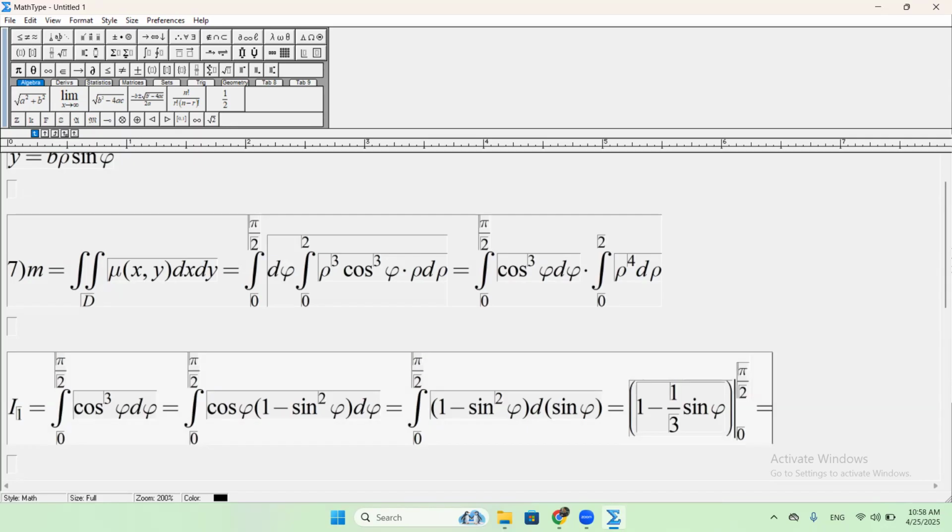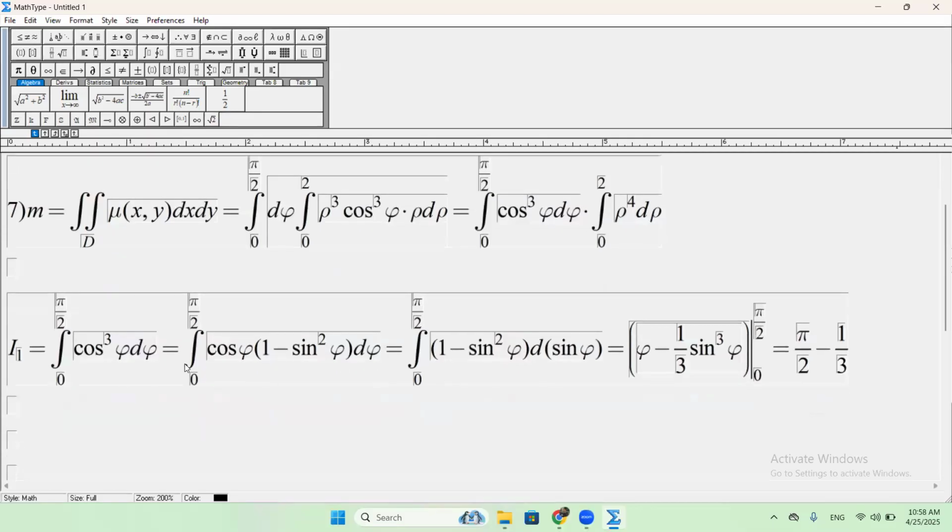It's important that it is sine of phi here actually. So if I substitute, I will receive 1 minus 1 over 3. So this is the first integral.